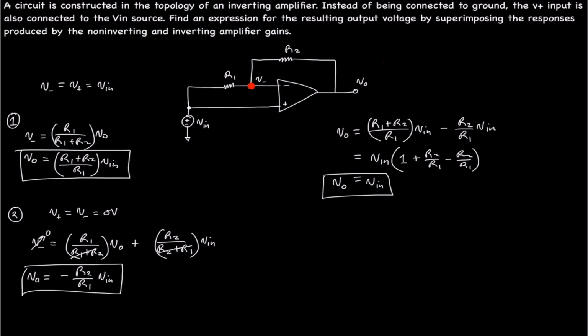That is the expression for the resulting output voltage by superimposing the responses produced by a non-inverting and an inverting amplifier gain. So that's it for this problem. See you in the next one. Bye.